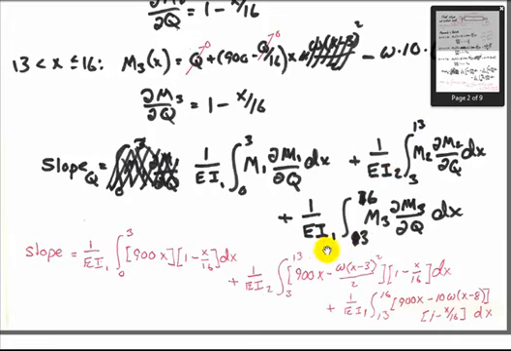Plugging in my equation for the moment in region 1 after Q was set to 0. And we can see that in this piece, although this is M3, this is still the region 1 piece. Q goes to 0 here, Q goes to 0 here. I'm left with 900 times x. So in region 1, 900 times x times my partial. In region 2, 900x minus my distributed term times the partial.